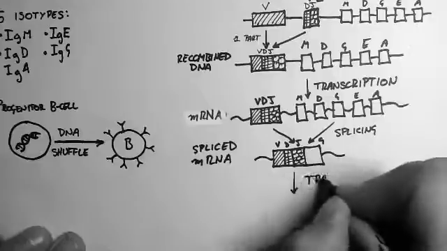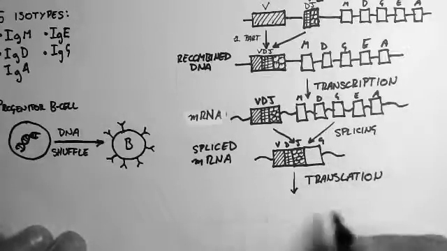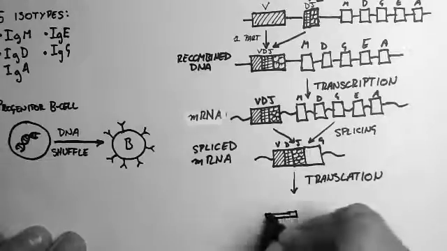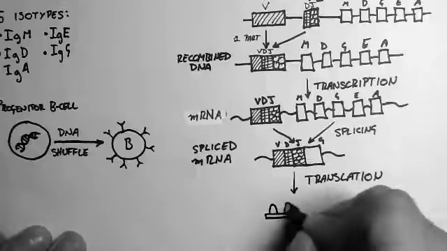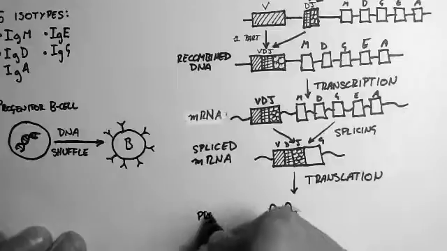Now that will get translated into a protein. And this protein will be the heavy chain of the antibody.